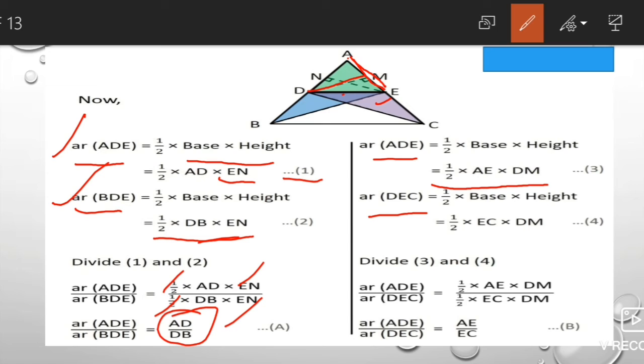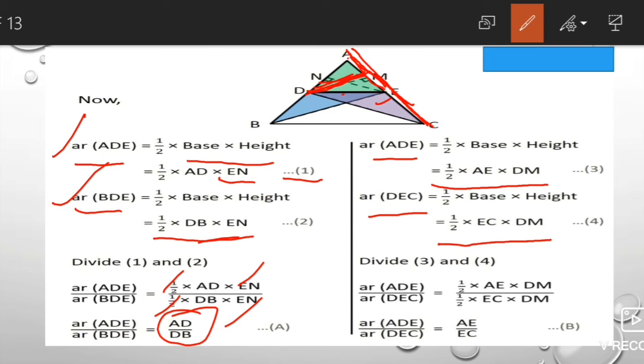Considering EC as the base, if you extend this EC, it will pass through point A. Now on this EC, DM is the perpendicular distance, so you can write half into EC into DM.